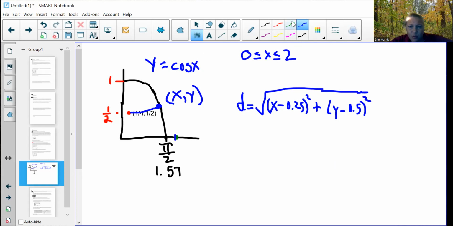So we say, okay, this y is a problem. I don't like it. Can I substitute for it? And you most certainly can, because y is equal to cosine of x. So we write y in terms of x. I'm not going to rewrite this whole thing, but when I go to the calculator, cosine of x is going to get put in place.